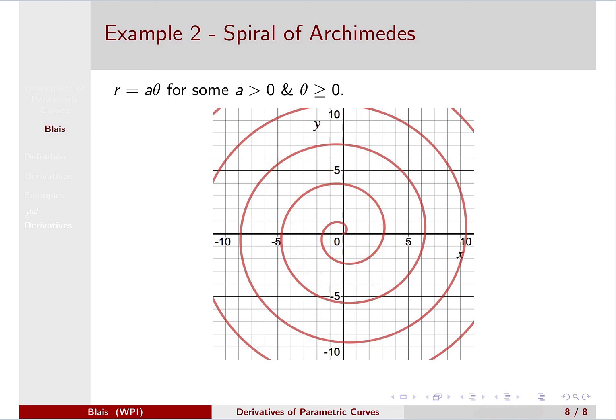And what we just calculated would be at any given point, we get the slope of this tangent line, dy dx. And so we see that chain rule is very effective in being able to calculate derivatives of parametric curves.